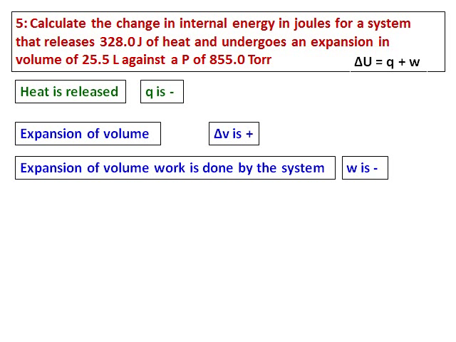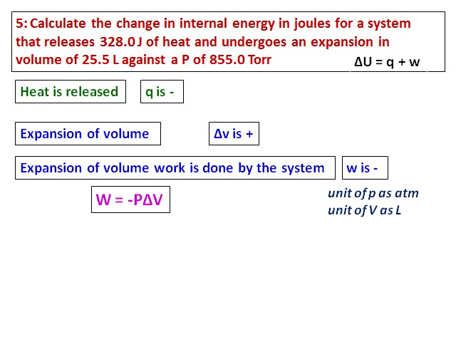Before we substitute into the formula delta U equals Q plus W, let's calculate W first. Using the formula W equals negative P delta V, we can calculate the work done. The pressure given is in torr, so you have to use the unit of atmosphere for pressure.